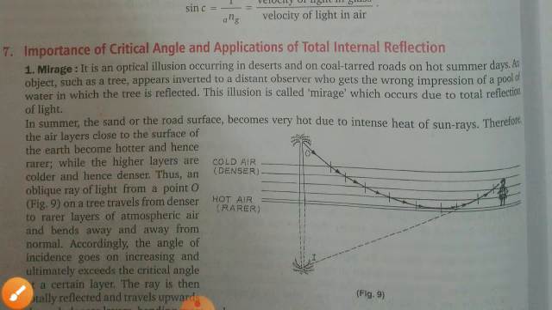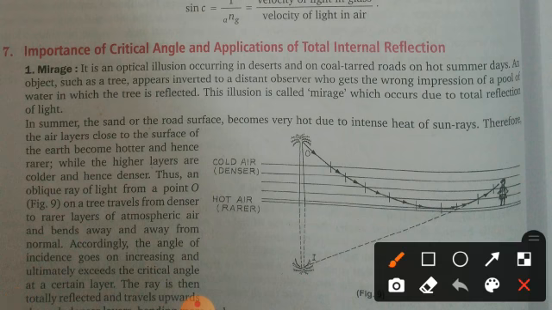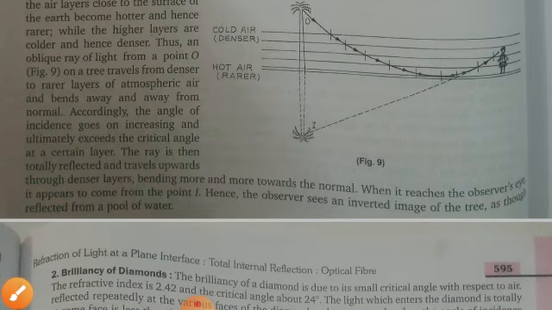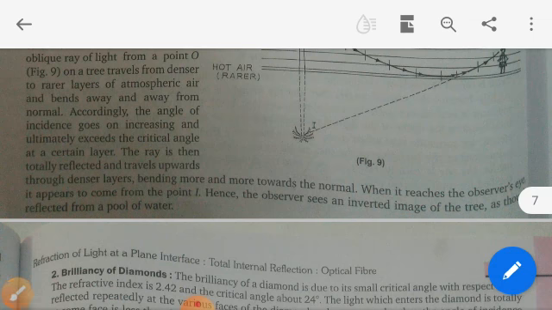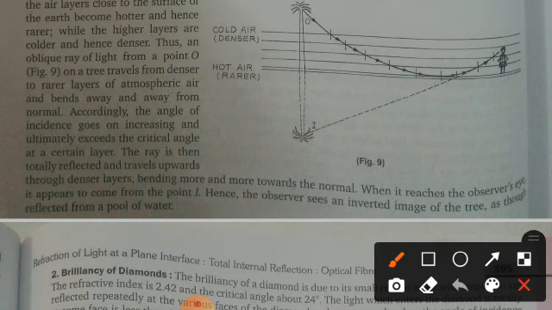Thus, an oblique ray of light from point O on the tree travels from the denser to the rarer layers of atmospheric air and bends away from the normal. Accordingly, the angle of incidence goes on increasing and ultimately exceeds the critical angle at a certain layer.